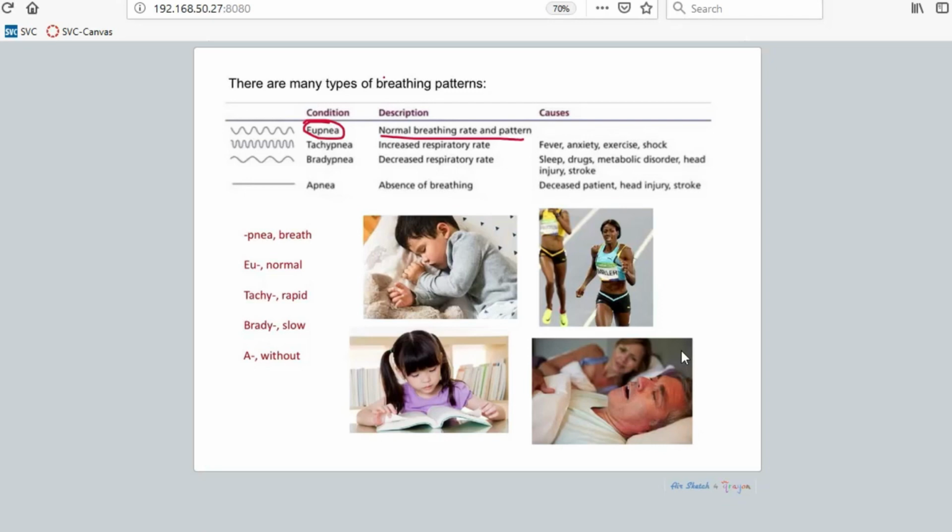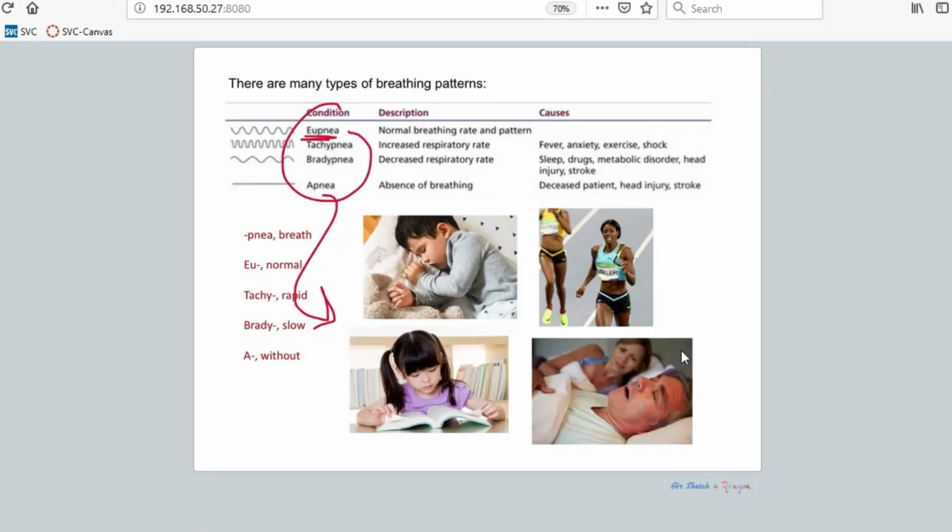Okay, so there's eupnea, but then we can also have an increased respiratory rate, which is called tachypnea. All right, then we can have a decreased respiratory rate, which is bradypnea. And then an absence of breathing is apnea.